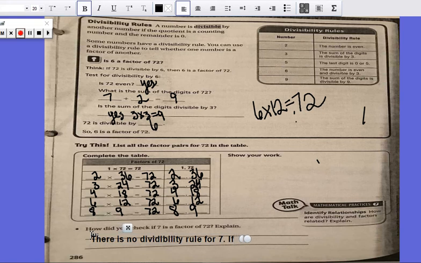If 72 divided by 7 has a remainder that is not 0, then 7 is not a factor of 72.